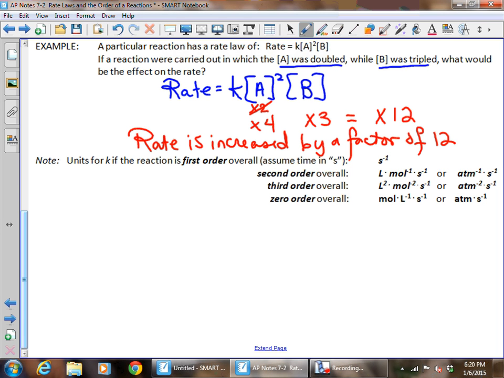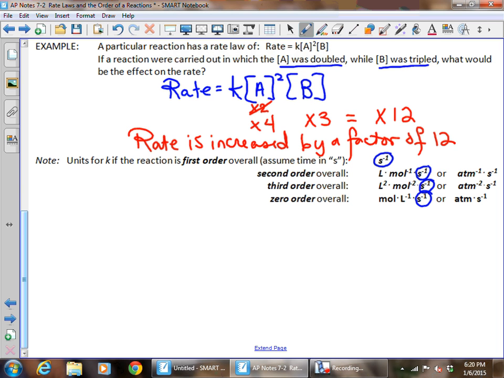If you'll notice, we have reciprocal time in every situation. We also have liters and moles, generally to the negative something. We always have exponents that are one less than our overall rate order.